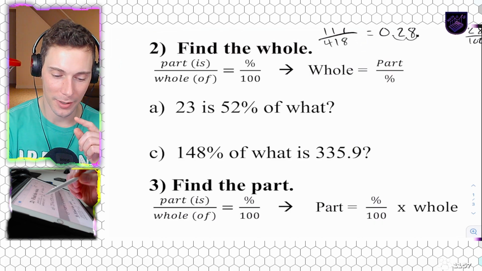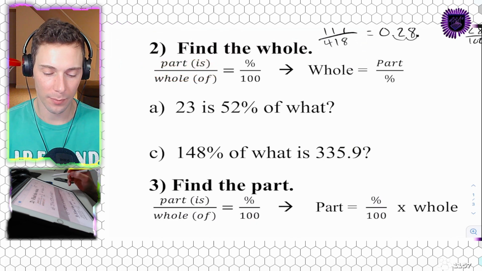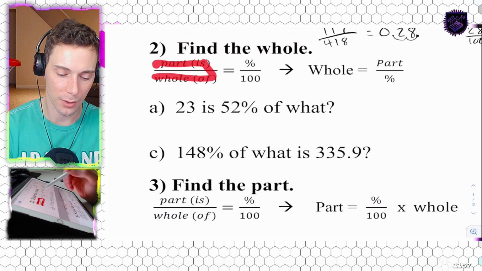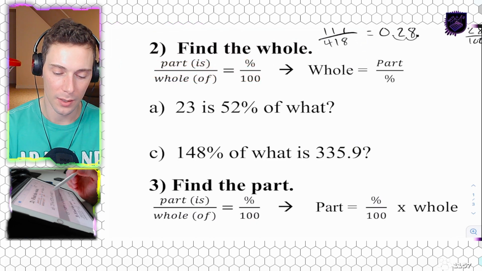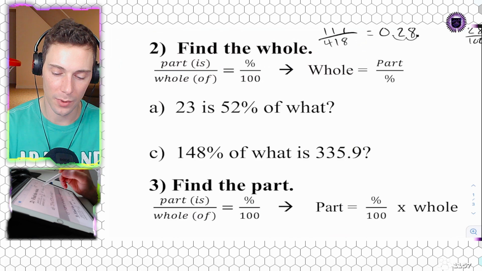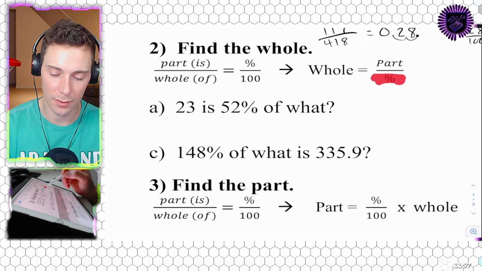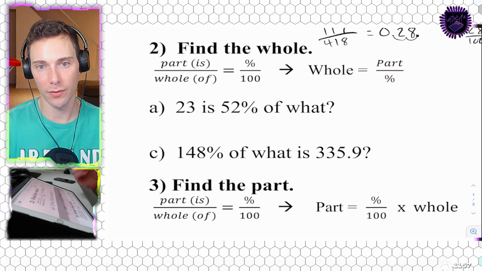So if you look up here, right, part over whole is going to be equal to the percentage over 100. Or if we want the whole, it's going to be equal to the part divided by the percentage in decimal form.